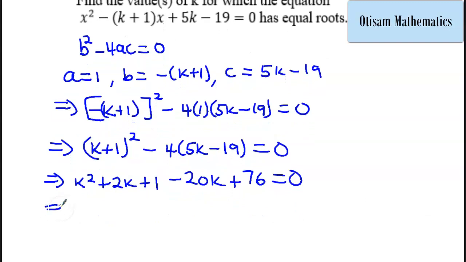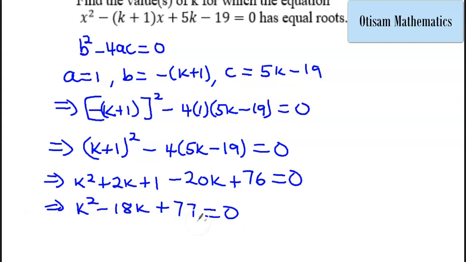So let's group the like terms. We have k squared, then 2k minus 20k gives us minus 18k, and 1 plus 76 is 77, equal to 0.